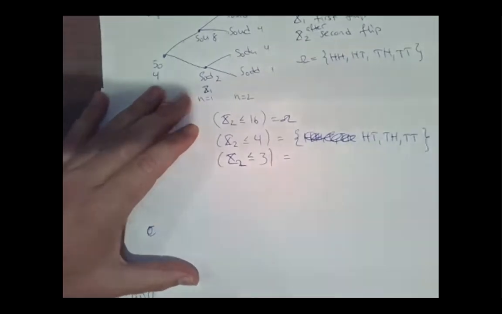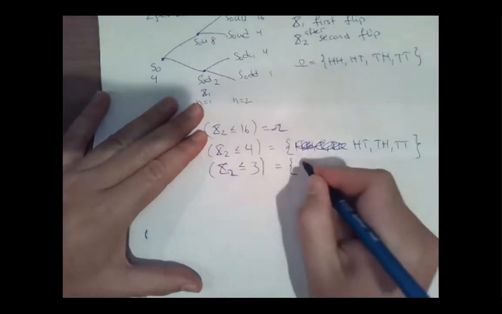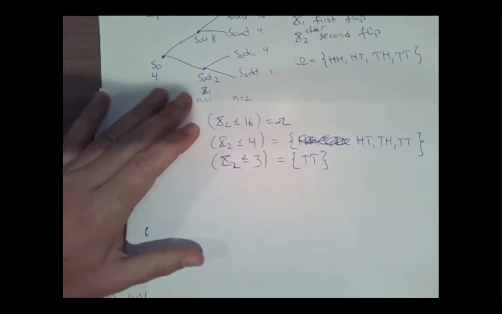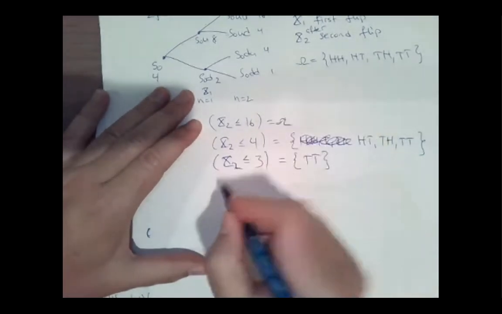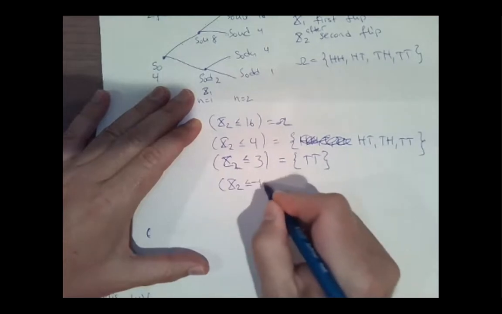What do we get here? Just TT. Then we take their complements. Let's just run through it. And so if I take x2 to be less than minus 10, I'm going to get the empty set.